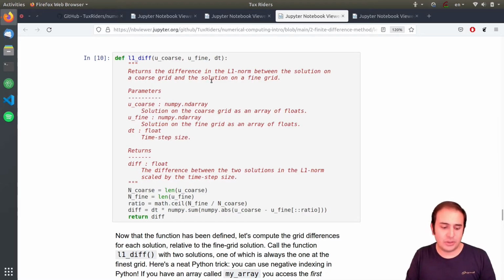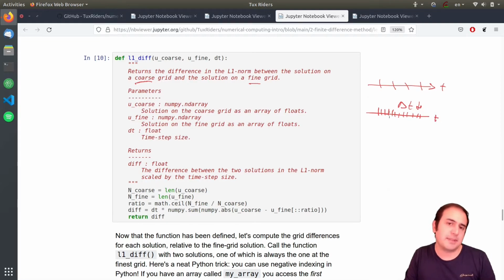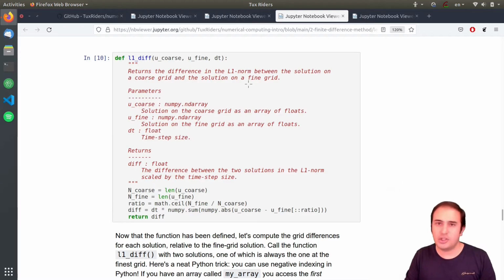These are the terms usually called coarse and fine: this is a coarse mesh for t. And when you do it with smaller time steps, then it is called a fine grid. This is the terminology that you will find in lots of numerical modeling works.